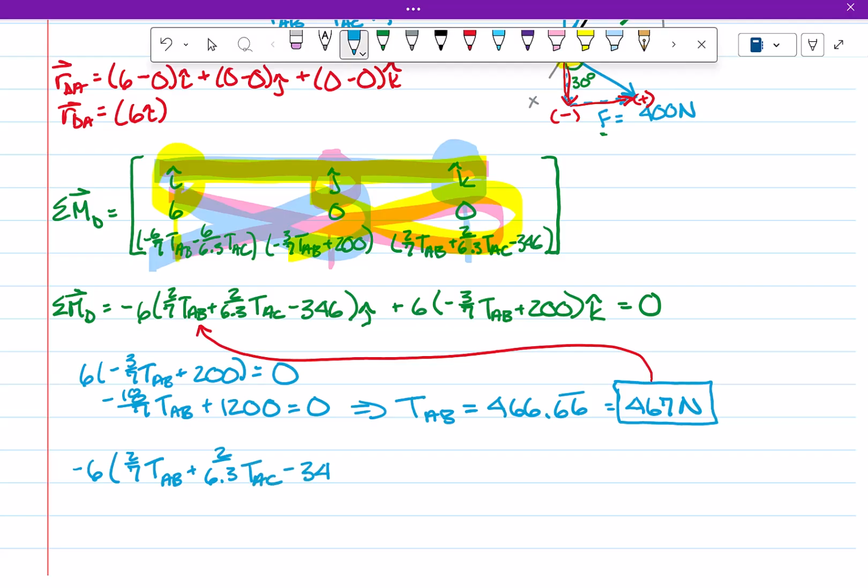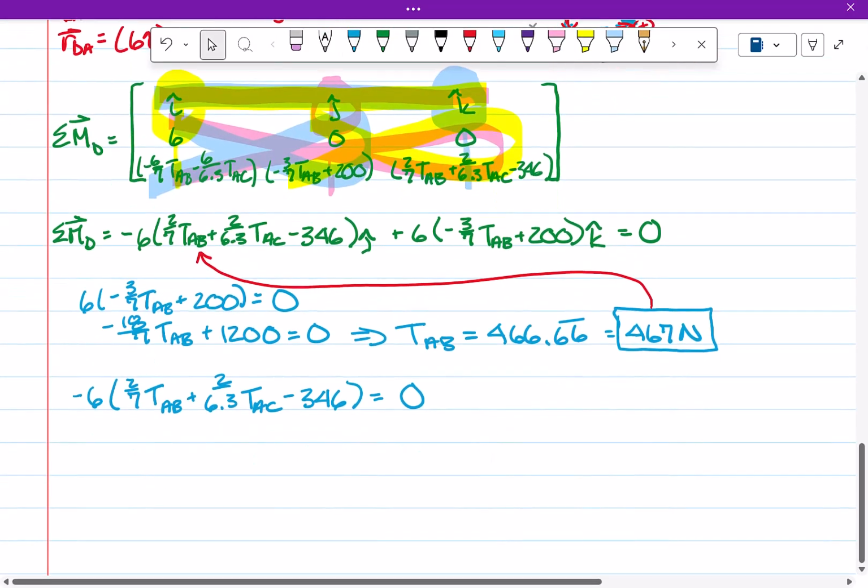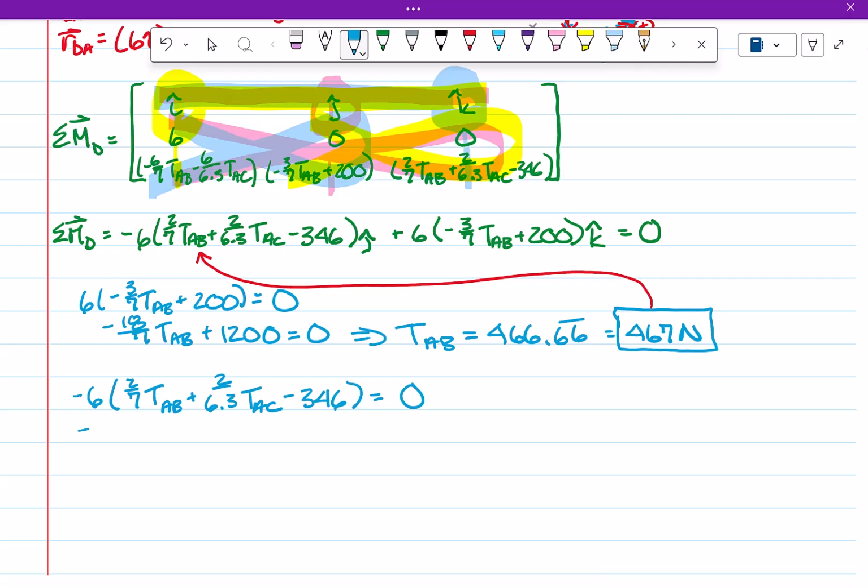And therefore we have negative 12 over 7 times 467 minus 12 over 6.3 times our tension in AC plus 2076 equals 0. Then we can solve for TAC, and we get 673.8 newtons, or 674 newtons.